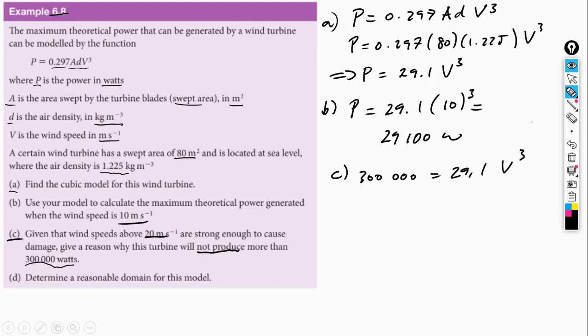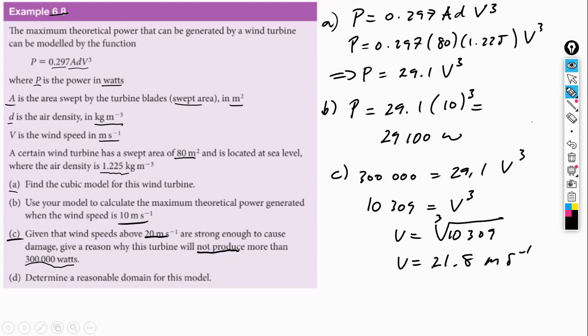So notice that we can divide 300,000 by 29.1, and we're going to get 10,309 is equal to the velocity cubed. Now, that means that the velocity is equal to the cubic root of 10,309, and this is going to give us that the velocity is approximately 21.8 meters per second, which is obviously above the 20 meters per second considered to be safe.